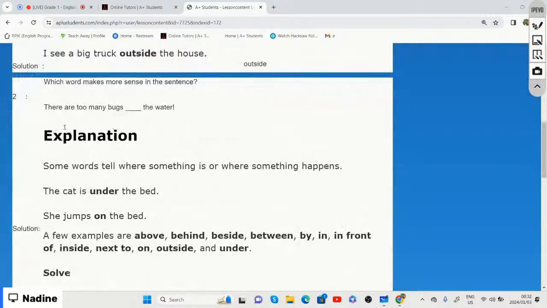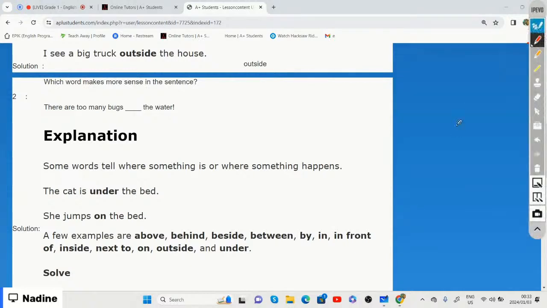So there are too many bugs in the water. If you go to the water, where do you usually find a lot of bugs, especially at night? Most times these bugs are not in the water, but usually they are buzzing, and we can say it is by the water.